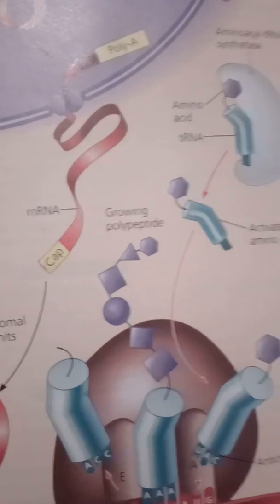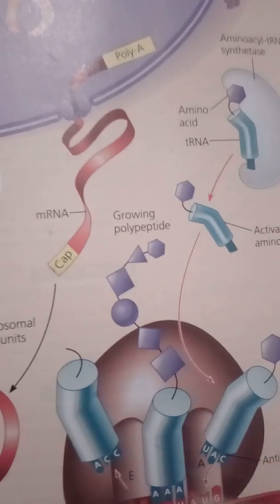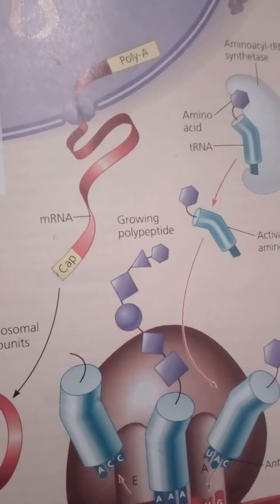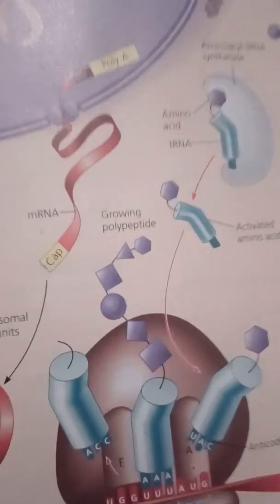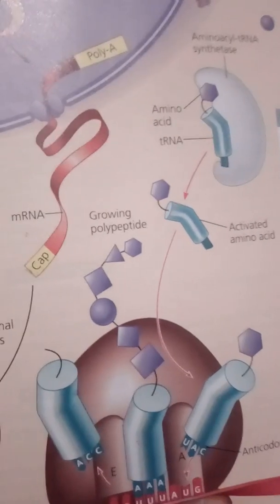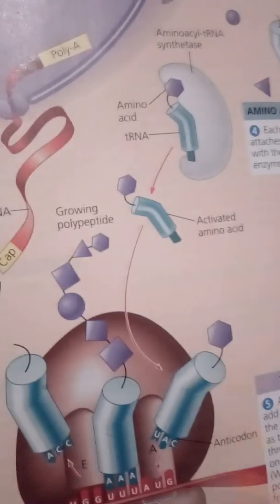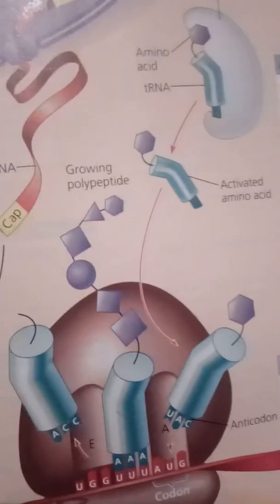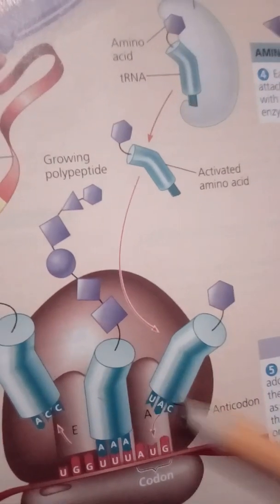Notice the anticodon on each tRNA. Translation: a succession of tRNAs add their amino acids to the polypeptide chain as the mRNA is moved through the ribosome, one codon at a time. When completed, the polypeptide is released from the ribosome. Notice the codon here, and this ribosome. Notice also the anticodon, and the A and E sites.